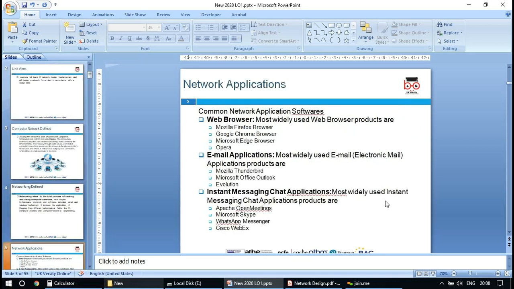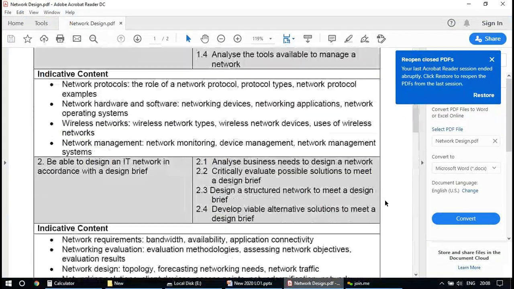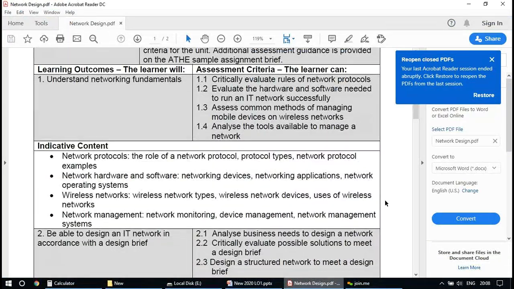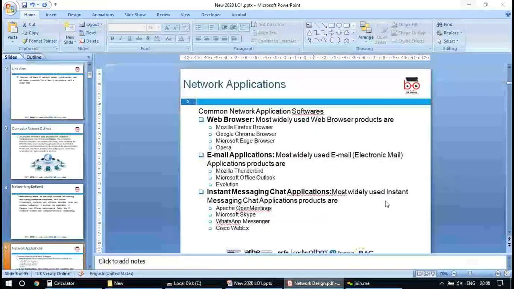And then if you have a network, I'm basically following the indicative content according to the file given by the awarding body. In sequence, if there is a network, then you have got network applications as well.